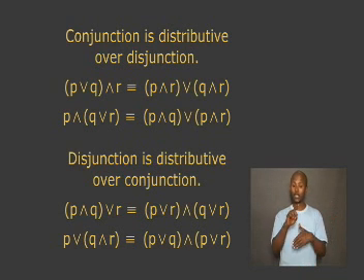This is true of disjunction as well. The statement P and (Q or R) is equivalent to (P and Q) or (P and R). Make a note of these properties, students. Knowing them will be very useful in the next lesson.